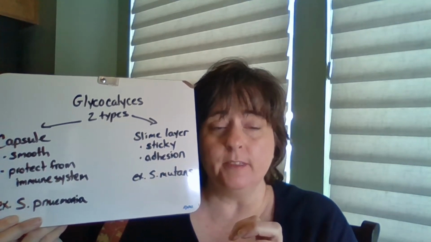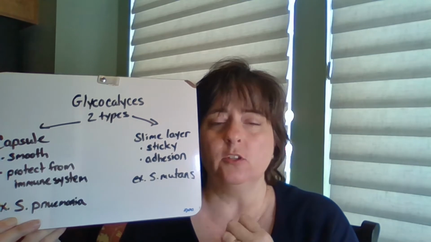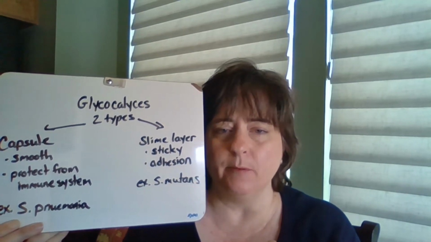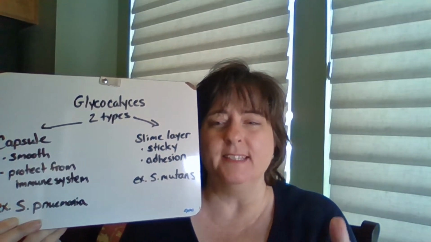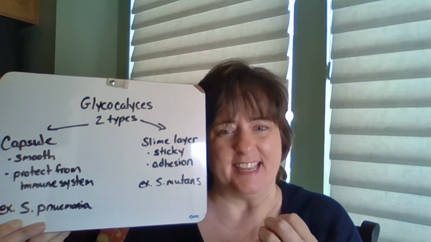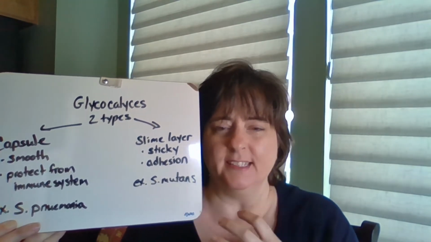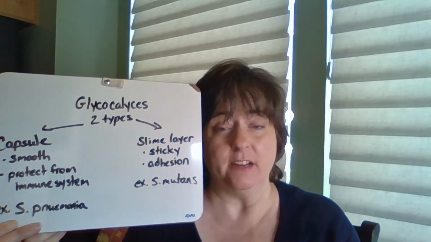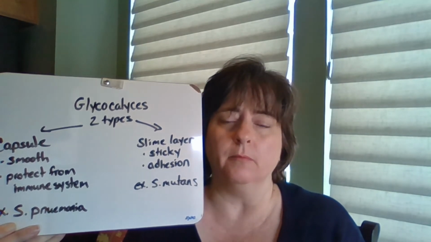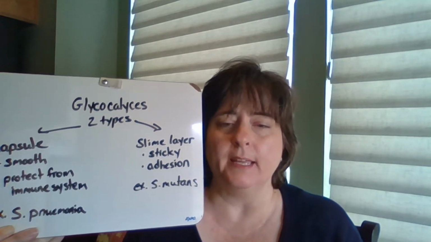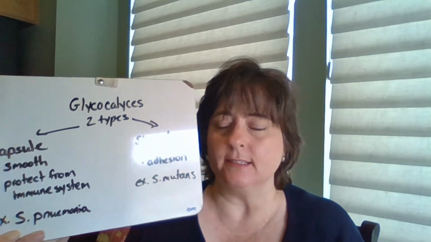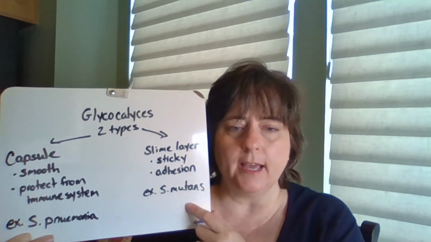The function for this one is adhesion. So bacteria that have this type of glycocalyx are more likely, once they get inside us, to stick to each other and to things inside our bodies, and then they stay. If they can stay, then as time passes, they will replicate, and they potentially can cause us a disease.